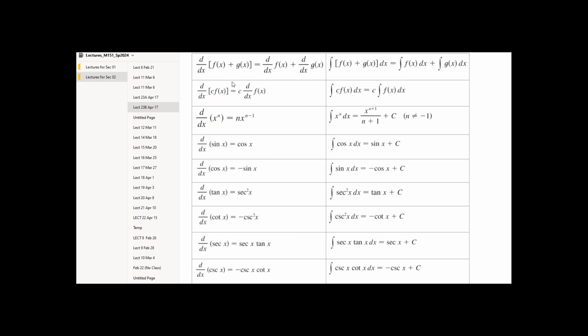For example, we know from the derivative formula that if you take the derivative of f(x) plus g(x), it's just equal to the derivative of f plus the derivative of g. And therefore, if you take the antiderivative, or indefinite integral, of two functions, the result is just the indefinite integral of the first function plus the indefinite integral of the second function.